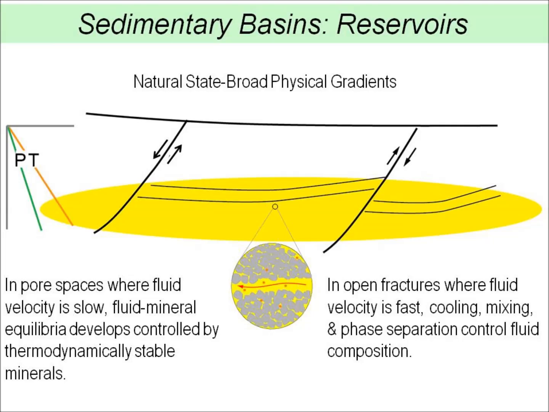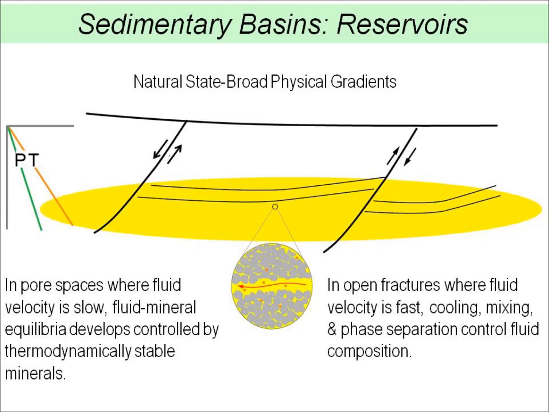Nonetheless, in terms of what sorts of reservoir processes are going to be controlling fluid chemistry, we know that there's going to be a rock-dominated environment where minerals surround pore fluids, and this is a place where fluid-mineral equilibria is going to be established. It's where chemical geothermometers, or the underpinnings of chemical geothermometers, are developed.